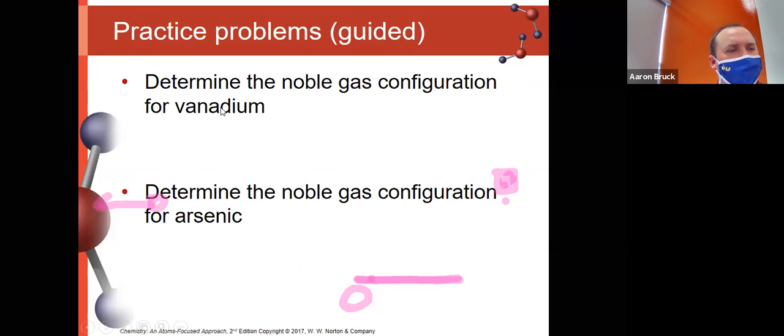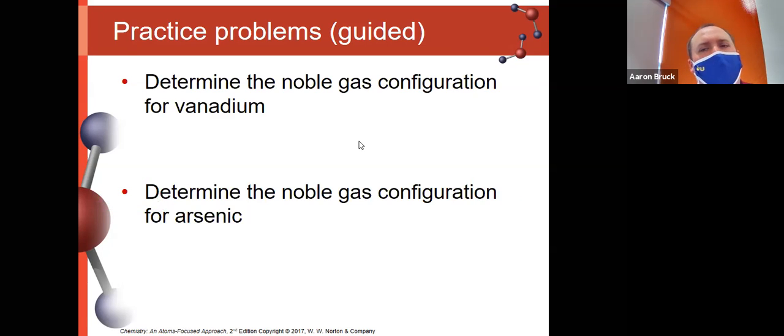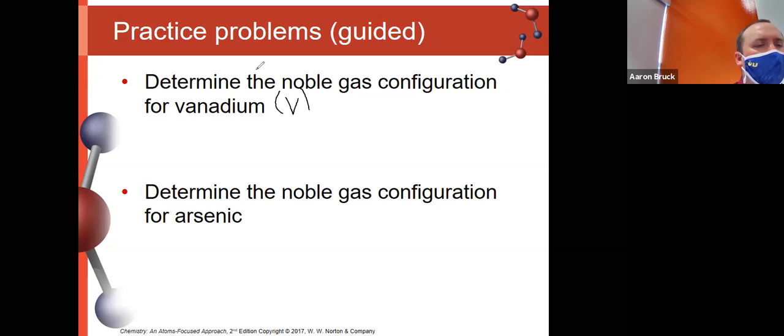So let's close out today by doing a couple of noble gas configuration problems, just to put ourselves in the right direction. We start with vanadium, element V. Vanadium is a transition metal, element number 23. If I go back from vanadium, I get to element number 18, argon, Ar.